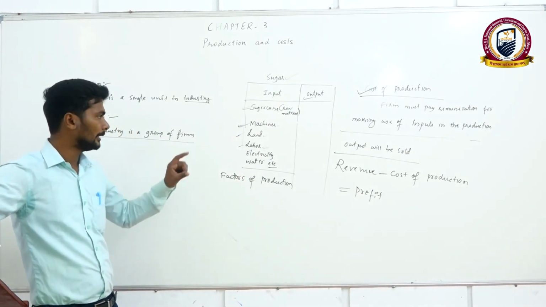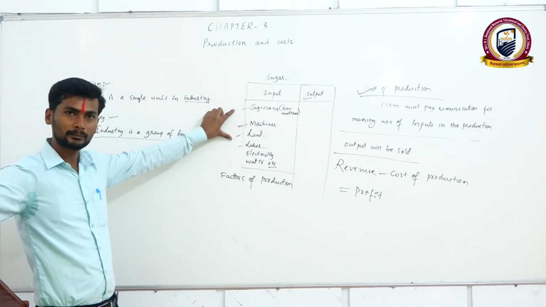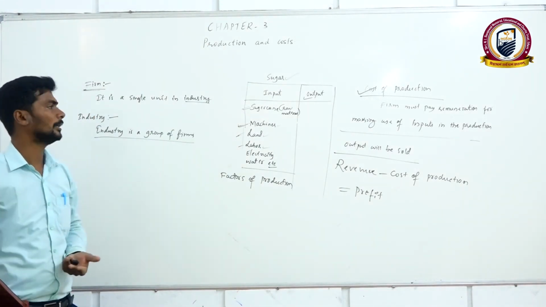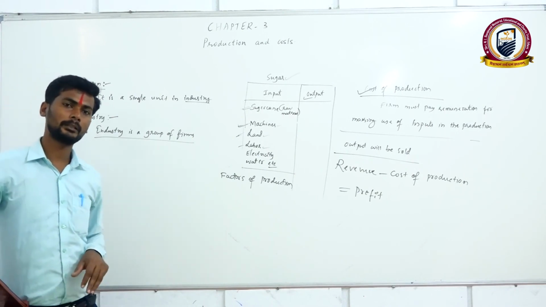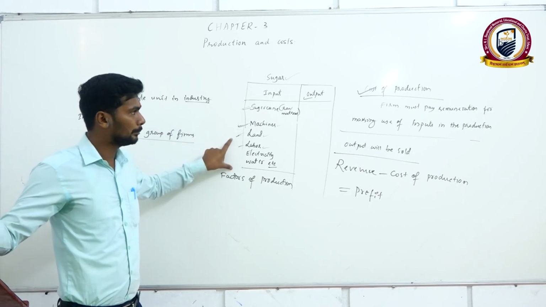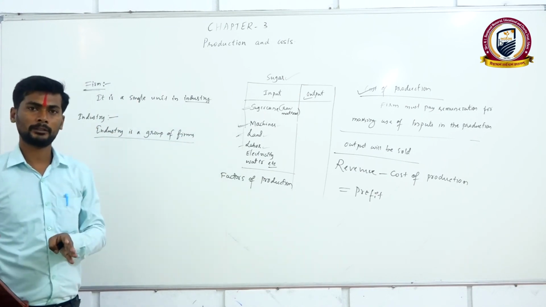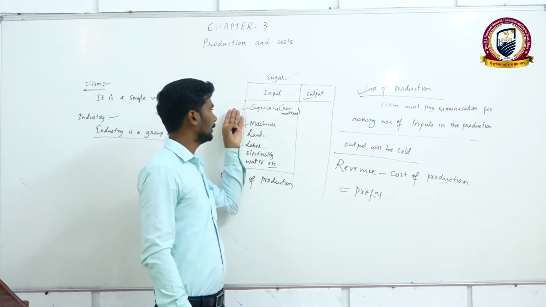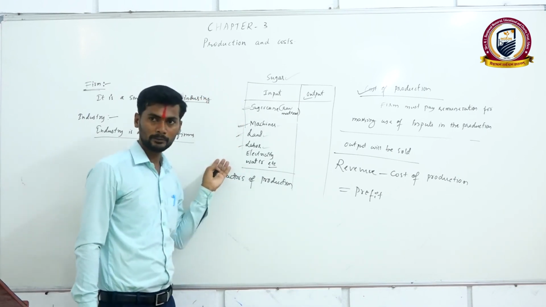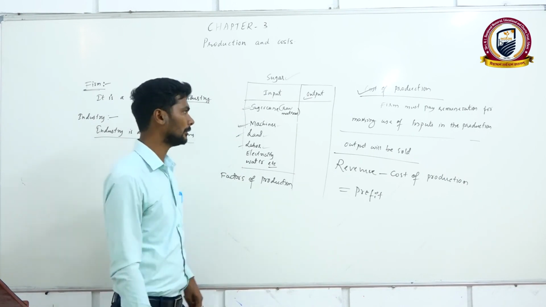A firm will incur expenditure on inputs. A firm has to pay for all the inputs which are used in production, and expenditure on these inputs is known as cost of production. Firm will spend its money on inputs, and that is called cost of production.